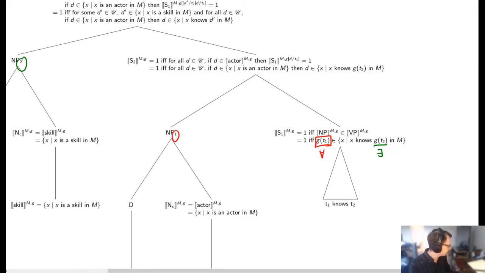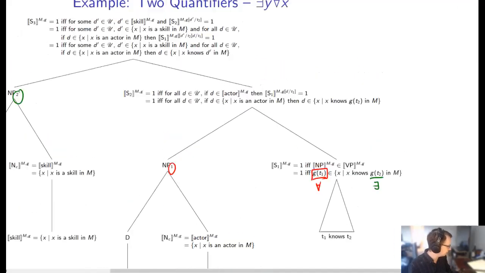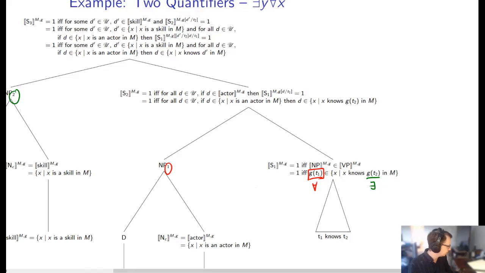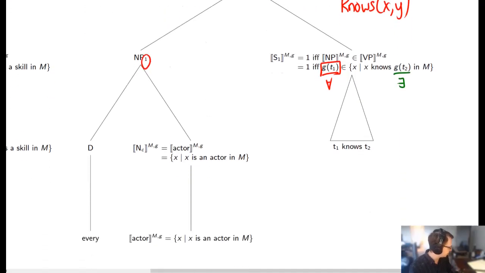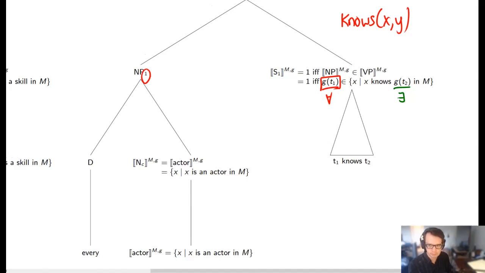So first we're going to do every actor. We're starting with essentially the translation here, knows X, Y. And what we're doing is we're bringing the phrase every actor into it.